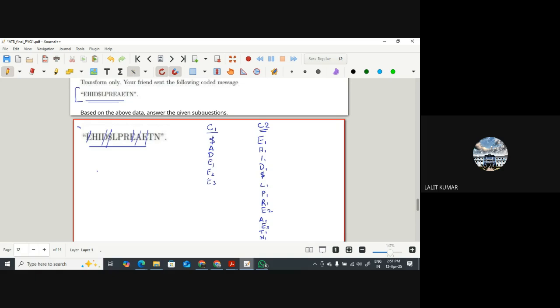Then after E is H. Then I, then L, N, P, and T. And now just connect them.